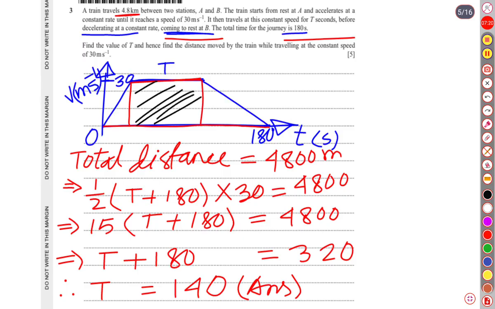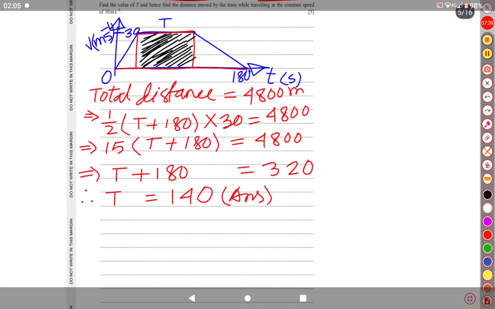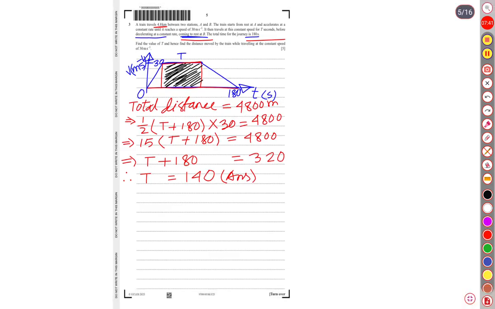For distance we know a formula. I think you remember, S equals ut plus half at square.